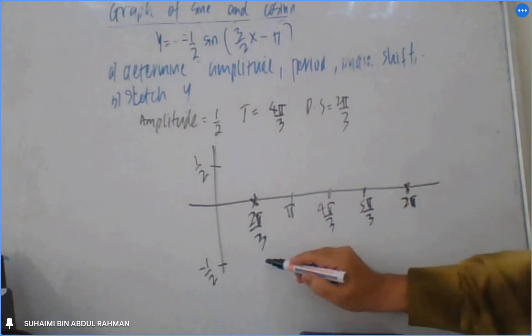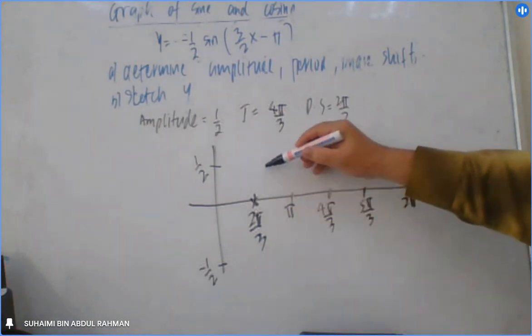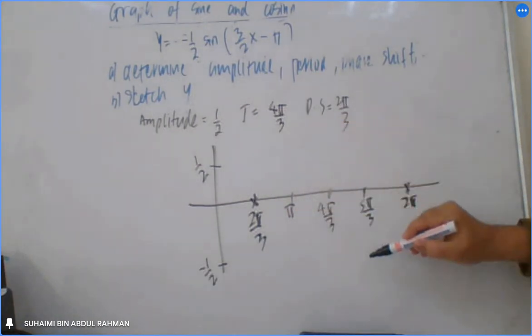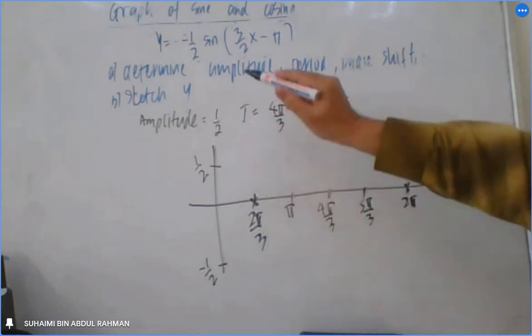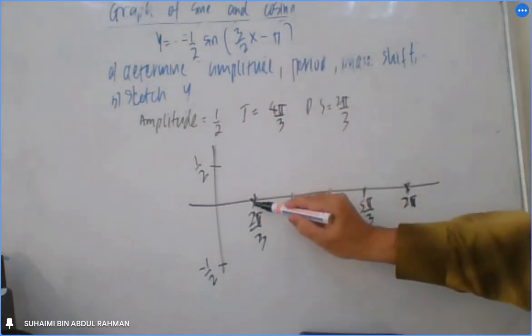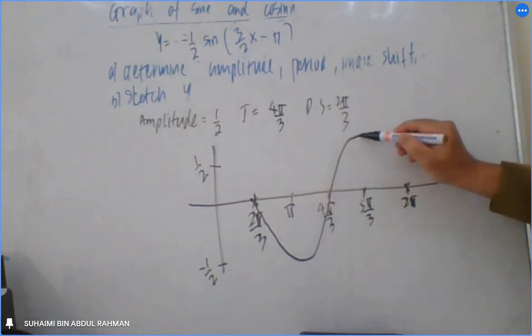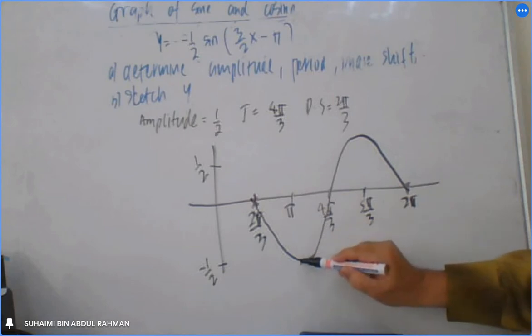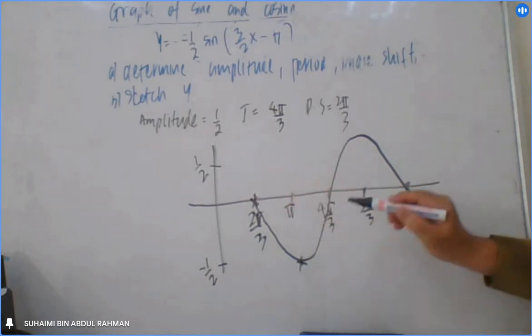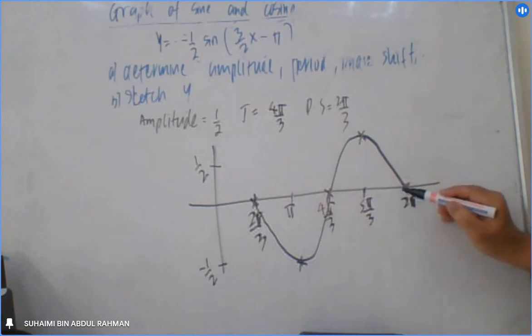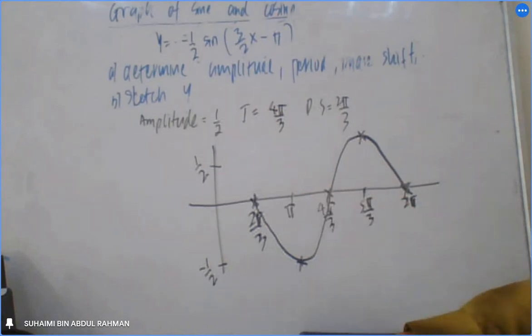Right. Now, remember that the graph of the sine function is like this, but now it is a reflection, so we go another way. We know that those 5 points, remember that you have to draw or show those 5 points.